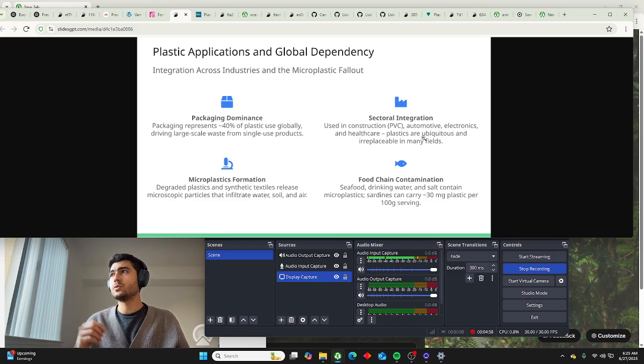Plastics are ubiquitous and irreplaceable in many fields now. Eventually, humanity should find a way to replace at least the single-use materials with something that can degrade in nature.